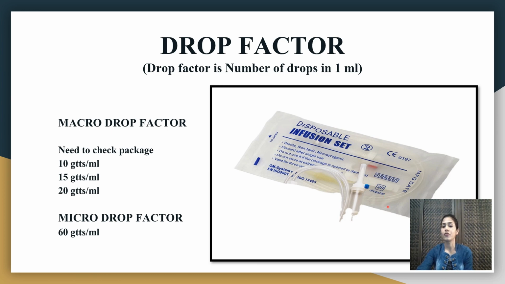For example, if you are seeing some other manufacturer, it might be 15 drops per ml. So sometimes it might be 10 drops per ml, 15 drops per ml or 20 drops per ml. So we have to always see the package in order to calculate.